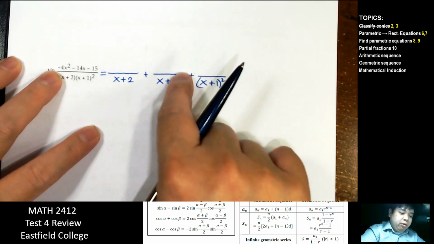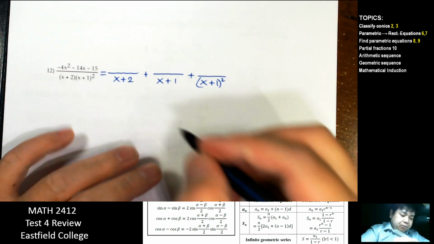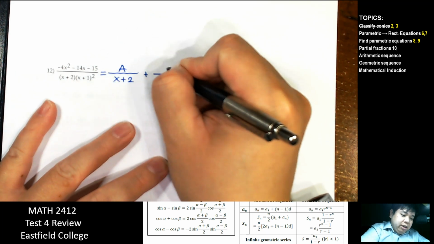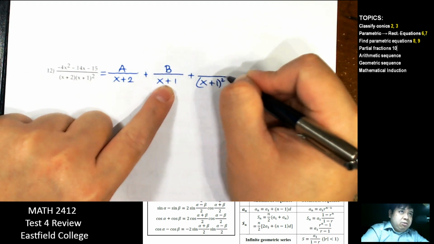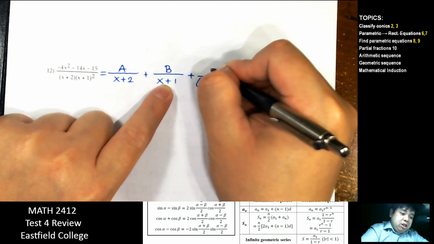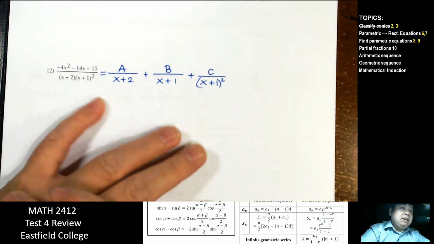We go from first power, second power, third power until we match that power. Now that is A, over here we have B, and even though this has the square, it will have the same form as this, so it will be just C and not Cx plus B, just C.